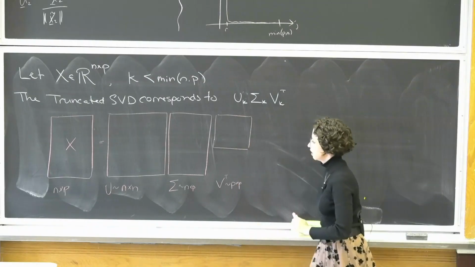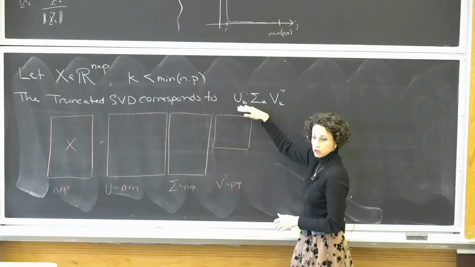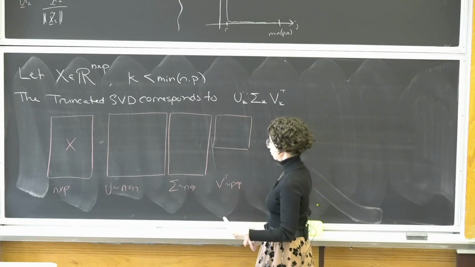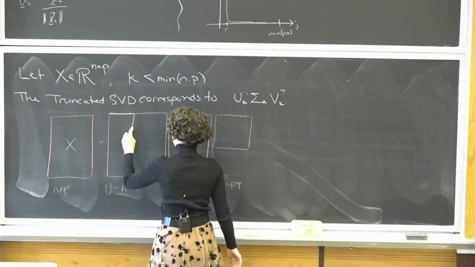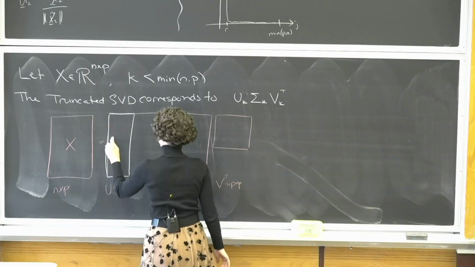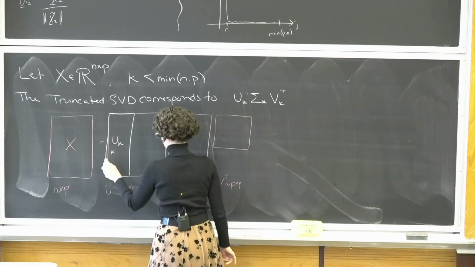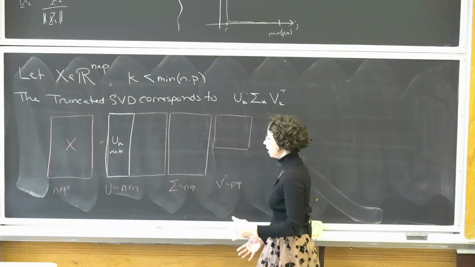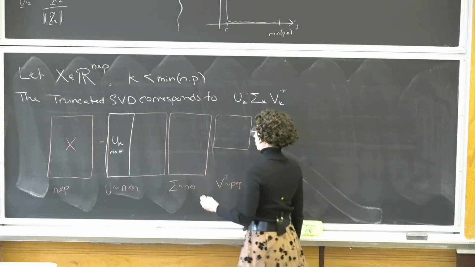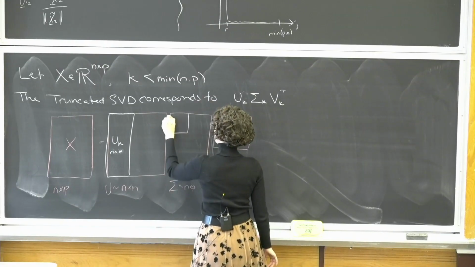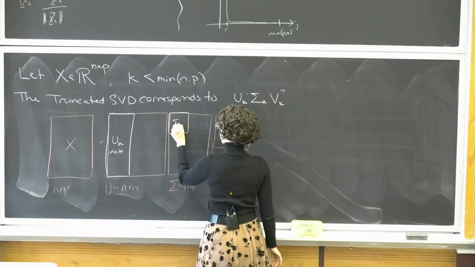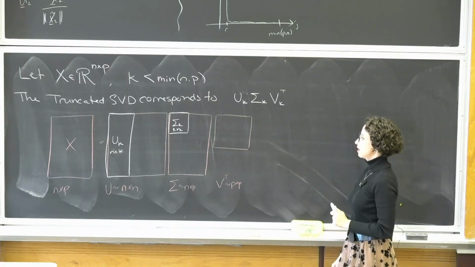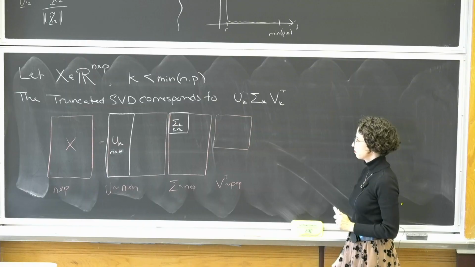Like this. And now for the truncated SVD, I'm going to keep only components of this. So U_k is going to be an n by k matrix corresponding to the first k columns of U. Sigma_k is going to be this diagonal matrix, k by k, that corresponds to the first k by k diagonal block of my original sigma.